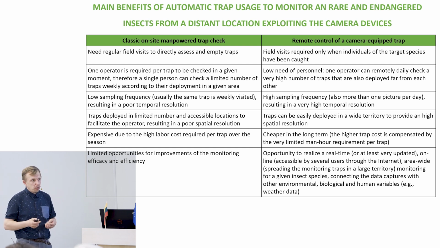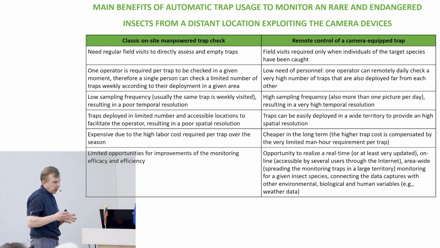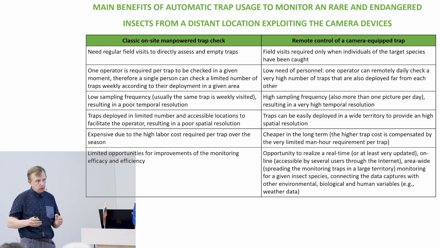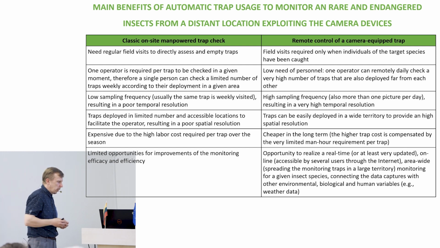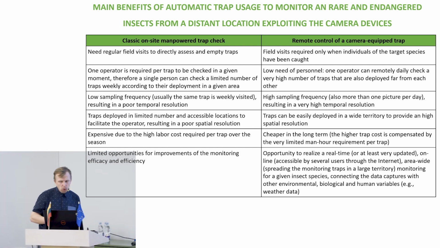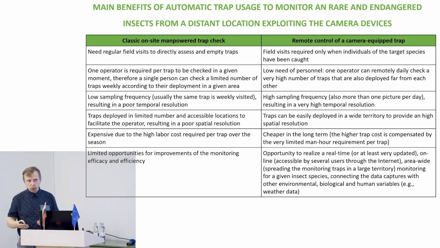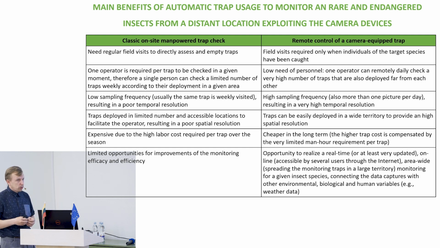The second reason why we can use these traps is small territories, where the activity period of beetles is shorter due to small populations. So it's easier if we only want to detect the presence of the species in a local place.